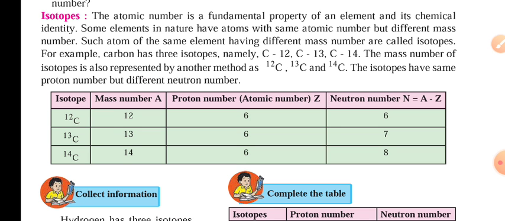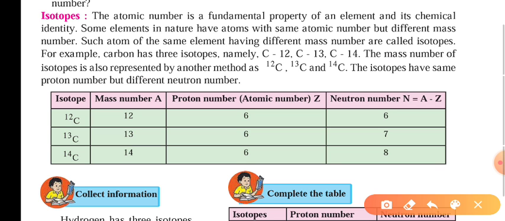But in some cases, some elements have atoms with the same atomic number but a different mass number. Such atoms of the same element having different mass numbers are called isotopes.